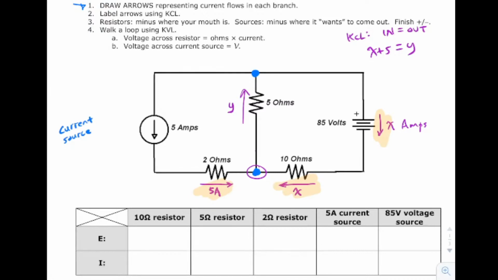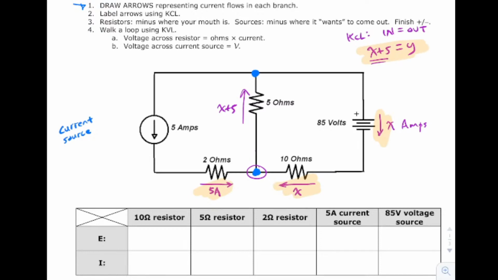But notice I can now erase the Y right away because I have just solved for Y. This is solving for Y in turn. It's X plus 5. X plus 5 represents the amps going through that resistor in the middle. And this is how I encourage you to label your currents.